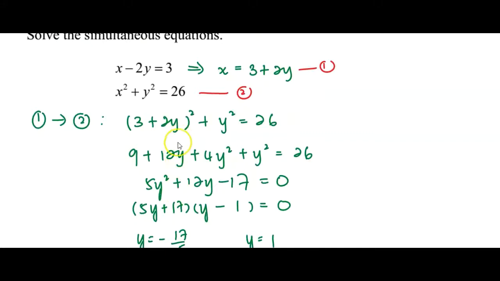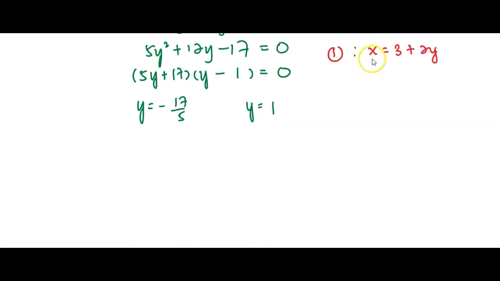We will substitute back the y values that we got just now into equation 1. Equation 1 is given as x equals 3 plus 2y. So for y equals negative 17 over 5, I'm going to get its corresponding value of x by substituting the value of y as negative 17 over 5.